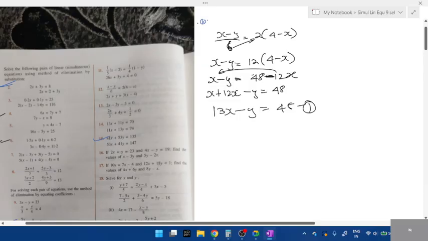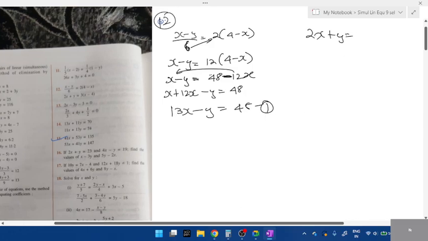This is which one? 12th question. What's the next equation we have? Open the bracket. Next. Next.